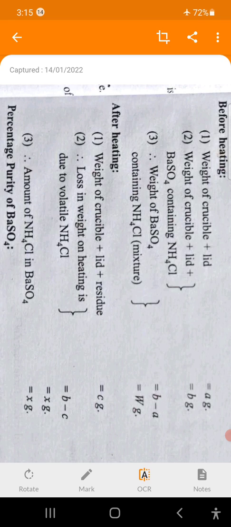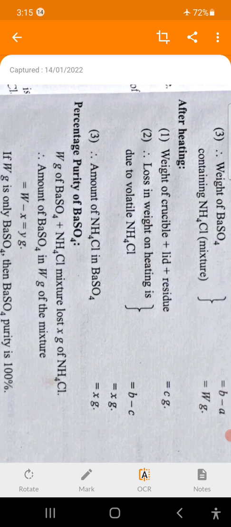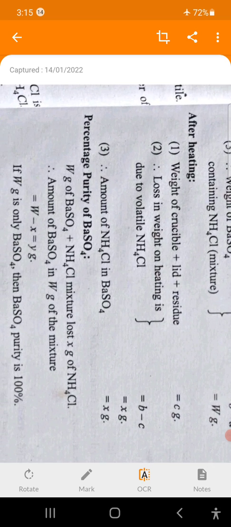Therefore B minus A gives W, the weight of mixture before heating. Then after heating, the weight of crucible plus lid plus residue is C. Then the loss in weight is B minus C, say X gram.